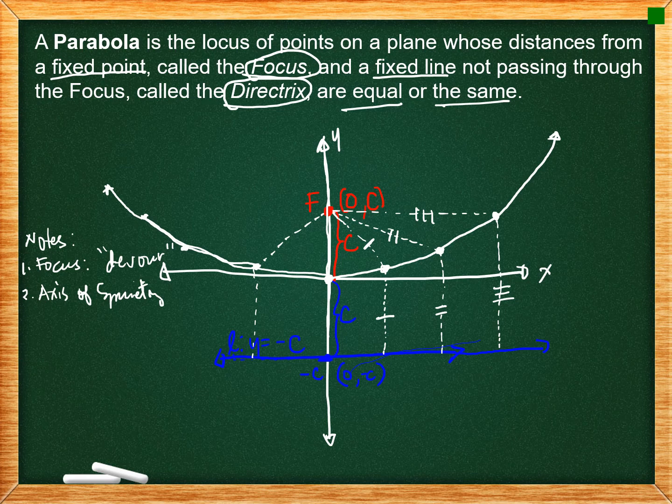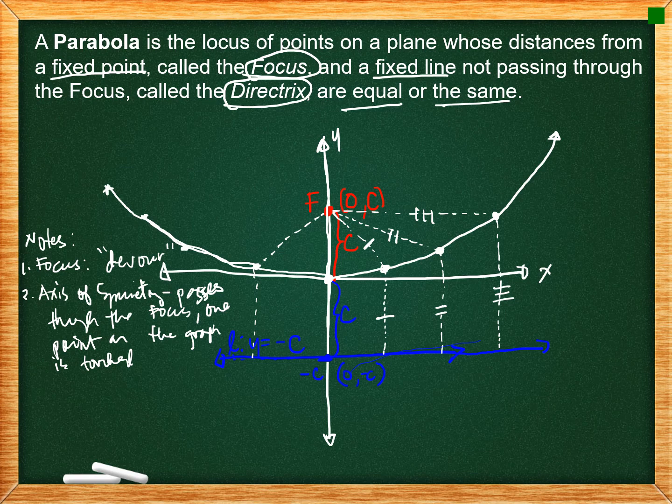The axis of symmetry will always pass through the focus, and it touches how many points on the graph? It touches 1 point on the graph.